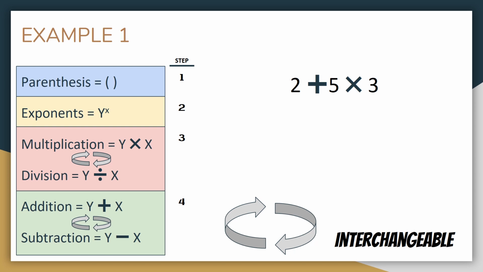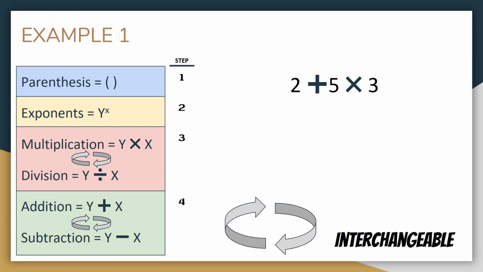Once you get your answer in there, we move on to the next step, which is exponents. If you don't see exponents in your problem, then you skip that step. But if you do see exponents, you would do those right after parentheses.